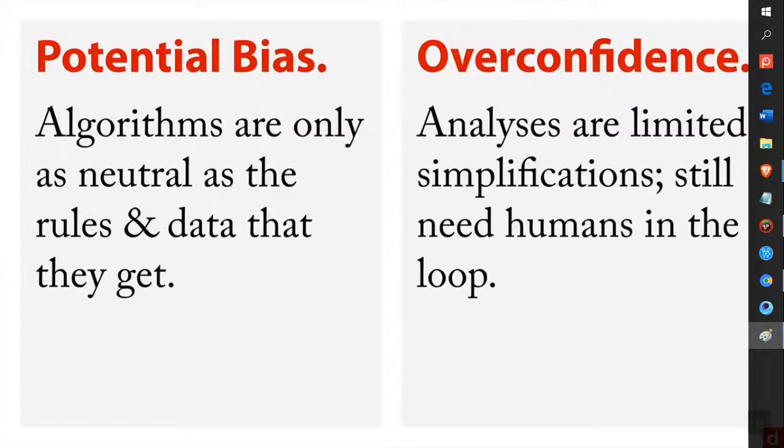When in fact, if the data were biased going in, if the algorithms were incomplete, if the sampling was not representative, you can have enormous problems and go down the wrong path with too much confidence in your own analyses. So once again, humility is in order when doing data science work.